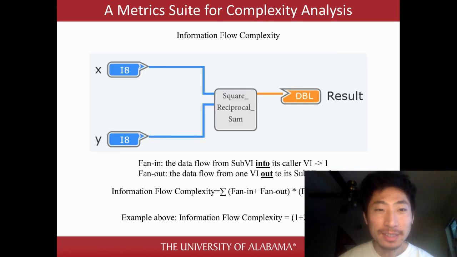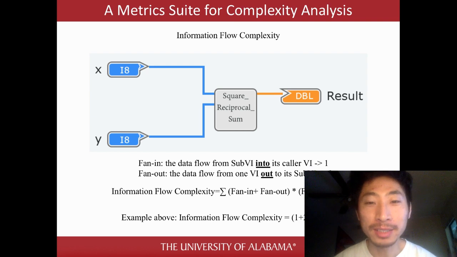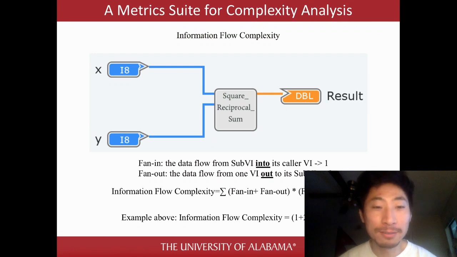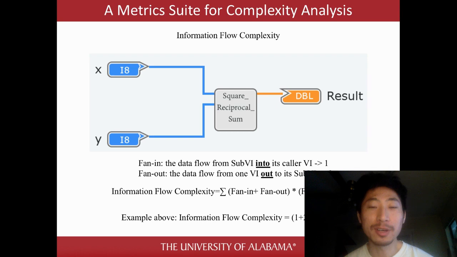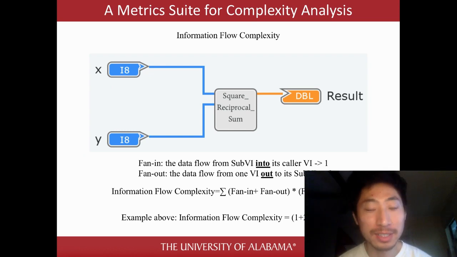And after this, we can just do the calculation directly by calling the sub-VI we already defined. Here we can see the fan-in is 1, because the sub-VI, the square, reciprocal, and sum, gives out 1 value to the result, and the fan-out is 2, which are x and y.